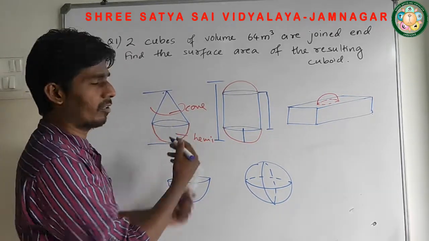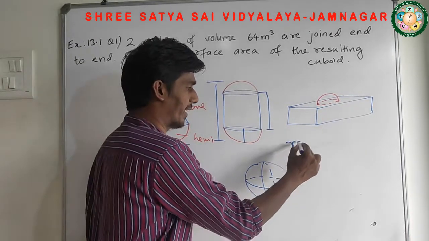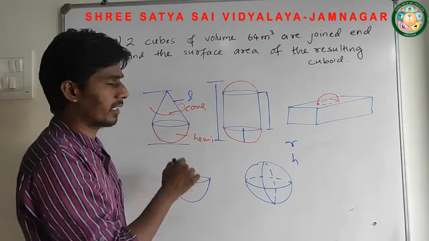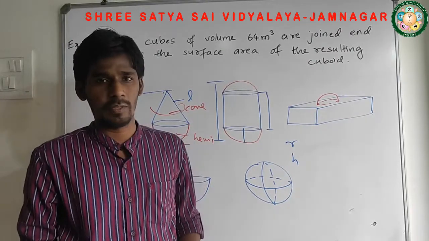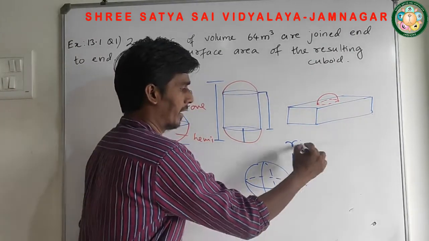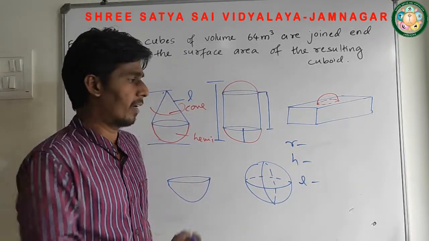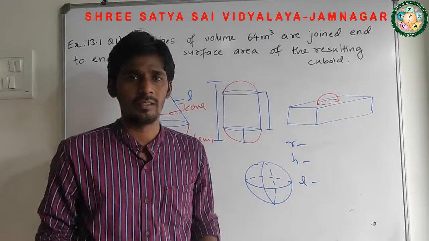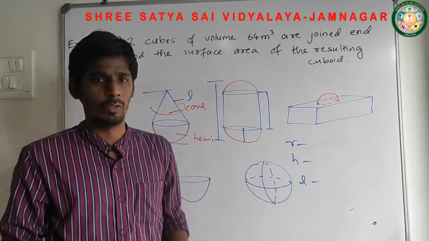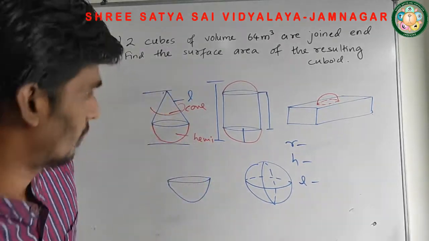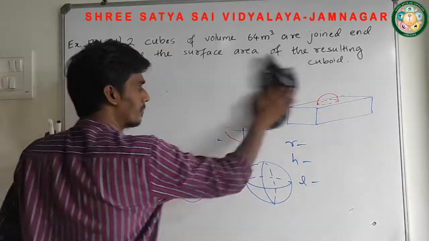From the question or diagram, you should know how to find the radius, height or slant height from the given figure. So the diagram is very important. From the diagram you will get the different values of radius, height and slant height, and from there you can replace the values in the formula which you are going to use to solve the surface area questions. Let's start with the first one.